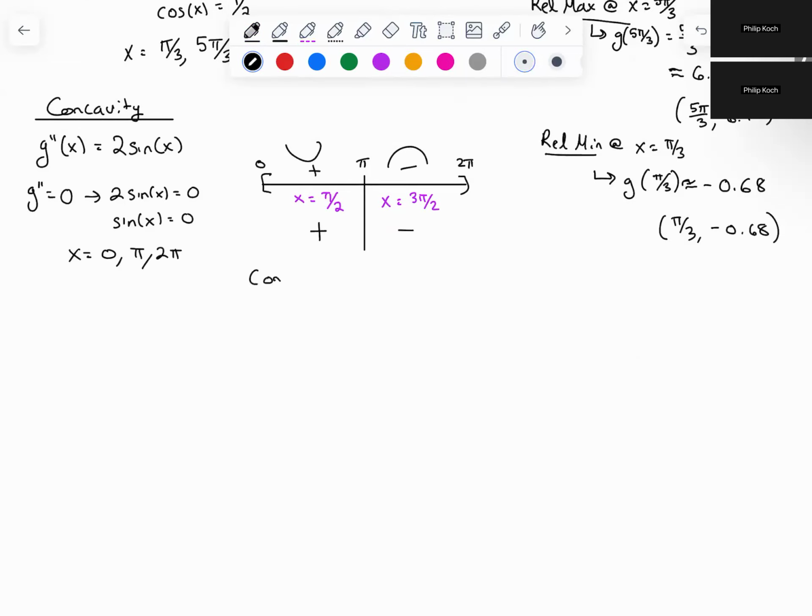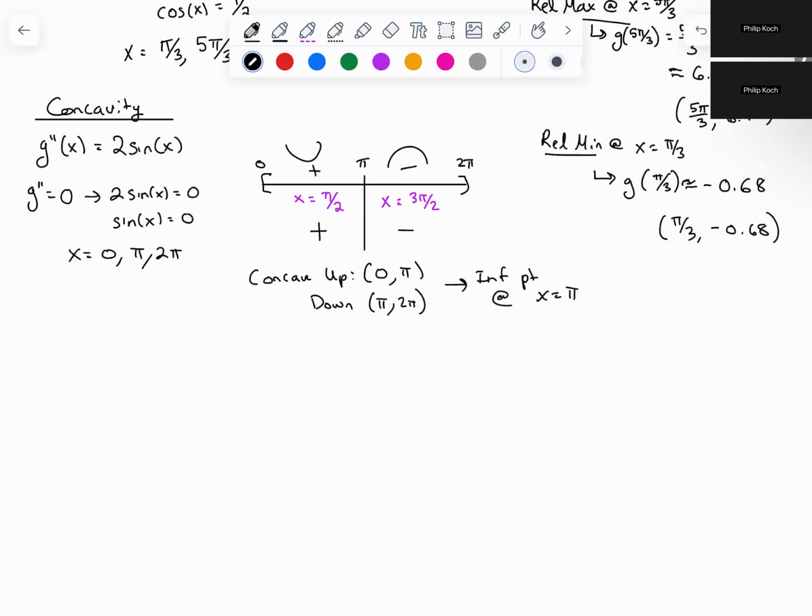So concave up from 0 to pi, concave down from pi to 2 pi. And then there's an inflection point at x equals pi, because concavity changed and the function exists there and is continuous there.